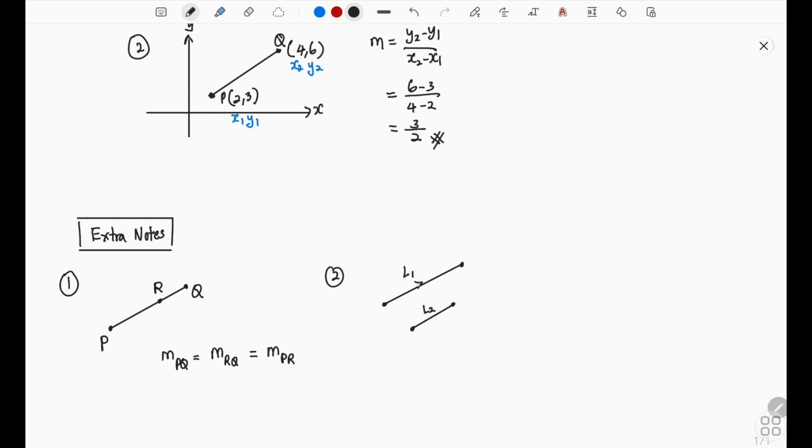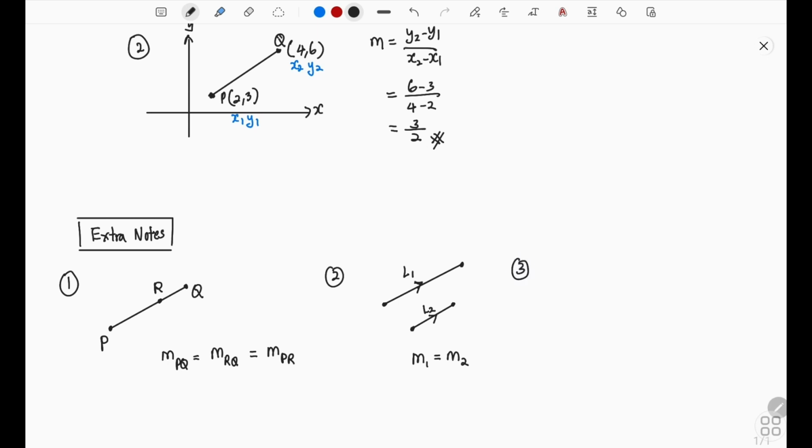Okay, I'm telling you that these two lines are parallel. So if you have this case, you need to know that the gradient for your line 1 will be equal to the gradient of your line 2 also. Why? Because both of them are parallel, so meaning to say they have the same steepness. So same steepness means same gradient.